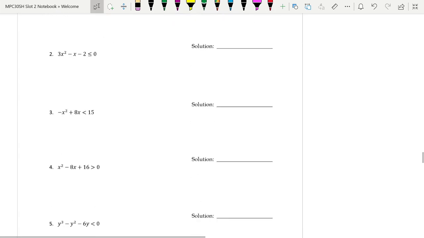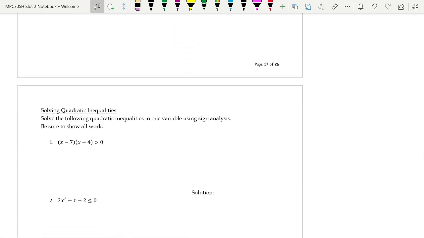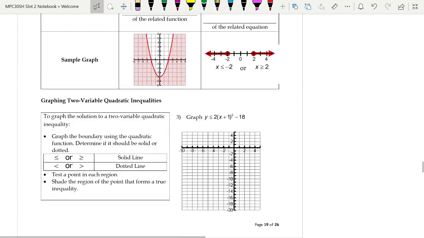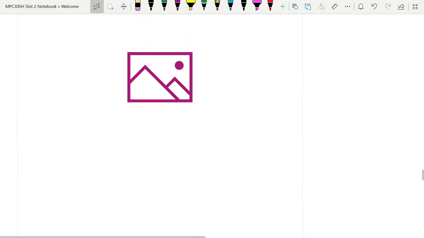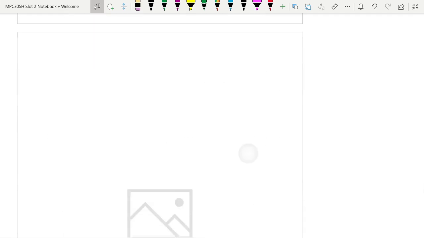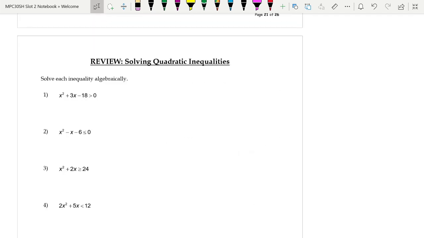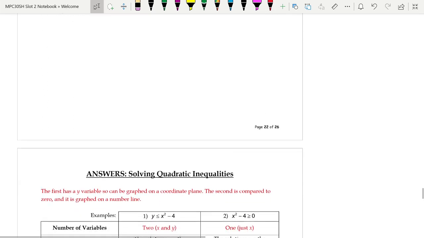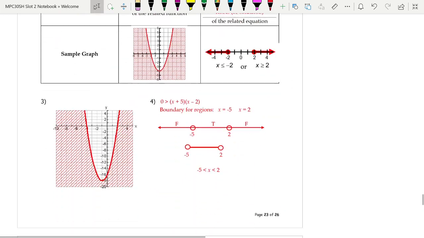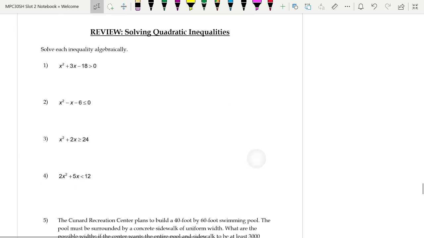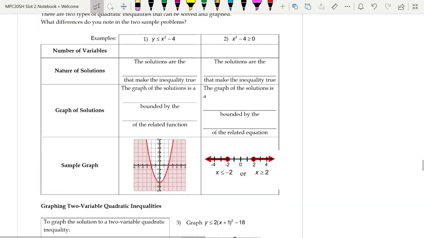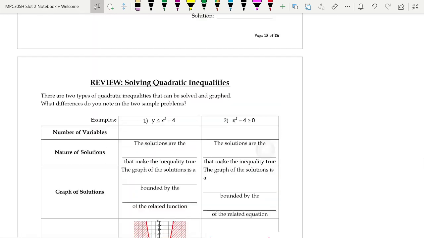The pages in the booklet now have an answer key, except it looks like page 18 maybe doesn't have a key. Let me look. Does page 18 have a key later? There's a review there, practice problems. I think there's a key for the review and the practice problems, isn't there? Yeah, there we go. Is this page 18's key? Oh, that's page 19's key.